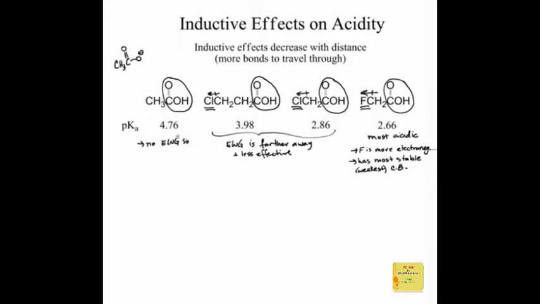Okay, so this has the least stable and therefore the strongest conjugate base. And of course this is the weakest parent acid. Okay, so if we have to compare electron withdrawing groups, the closer we can get that electron withdrawing group to the charge that we're trying to stabilize, the better.